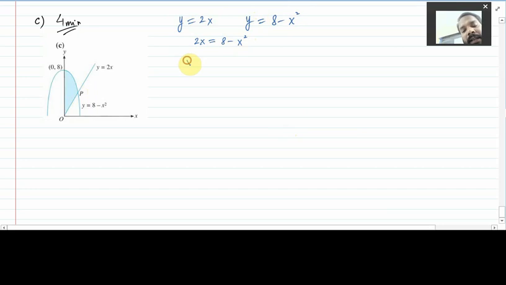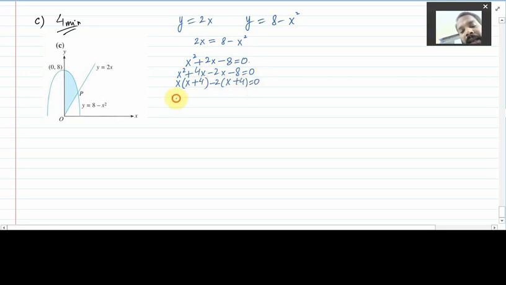Arrange the equation: x square plus 2x minus 8 equals 0. Now that is a quadratic equation, right? And the factors we have are 4 and 2, so x square plus 4x minus 2x minus 8 equals 0. Taking common, it's x(x plus 4) minus 2(x plus 4) equals 0.